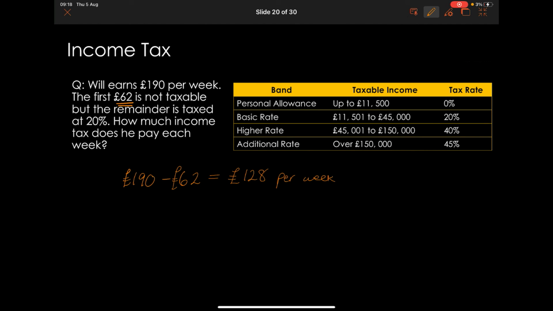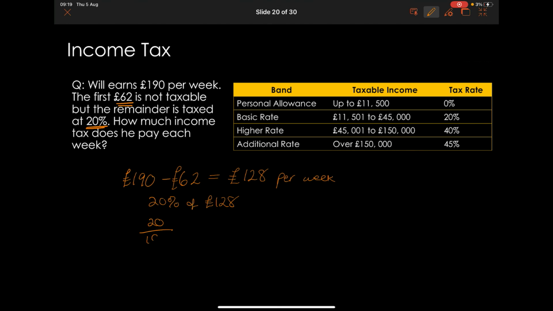Now, because that's quite a small amount, we'll only use the 20% tax bracket. Obviously, it tells us anyway, it's taxed at 20%. So now we need to work out how much tax he pays per week. So basically, we need to work out 20% of £128.